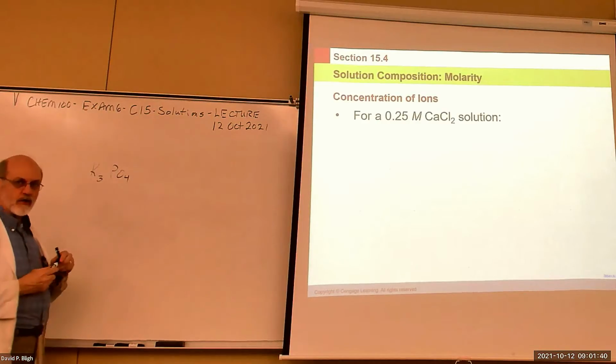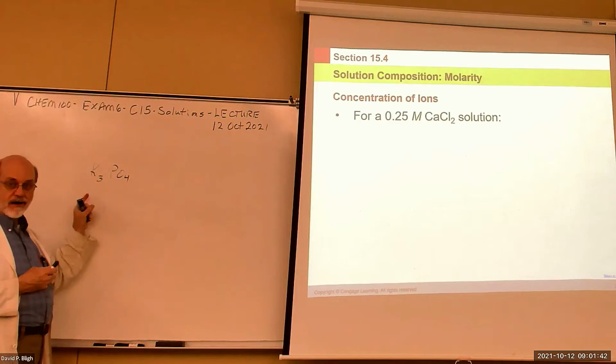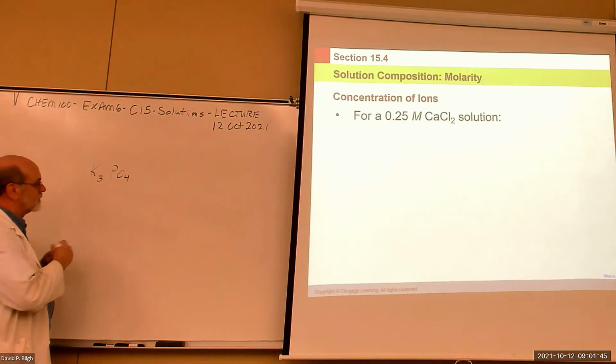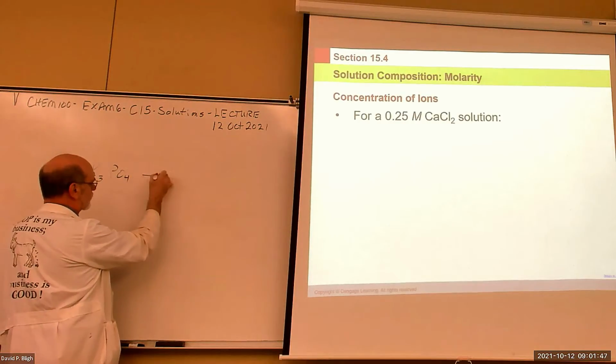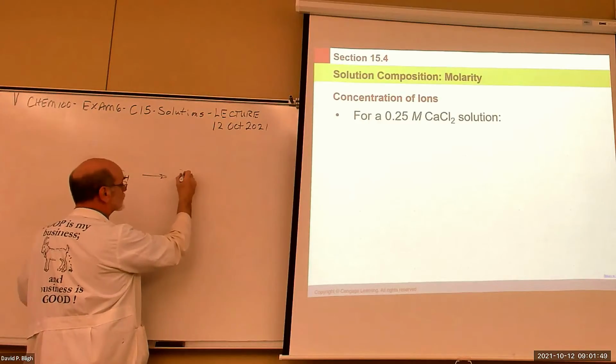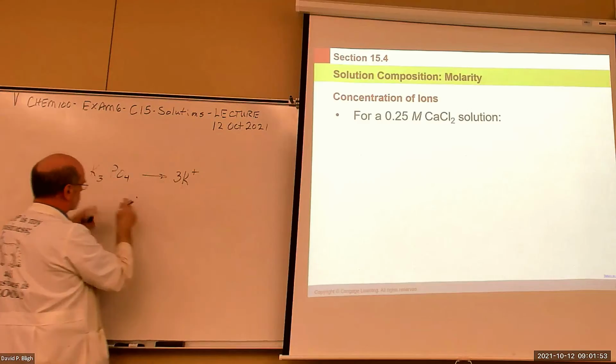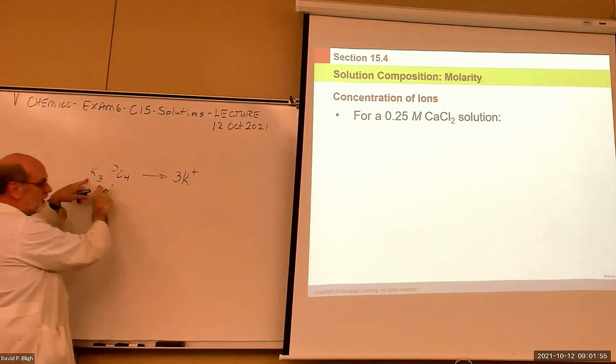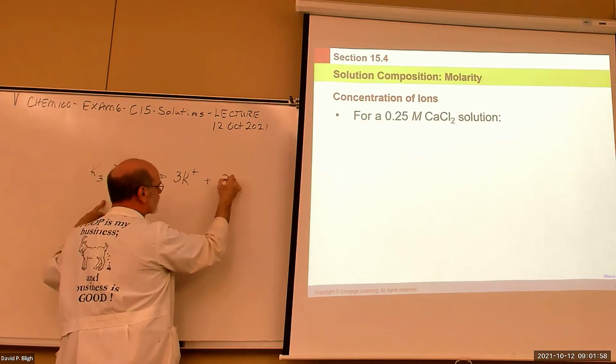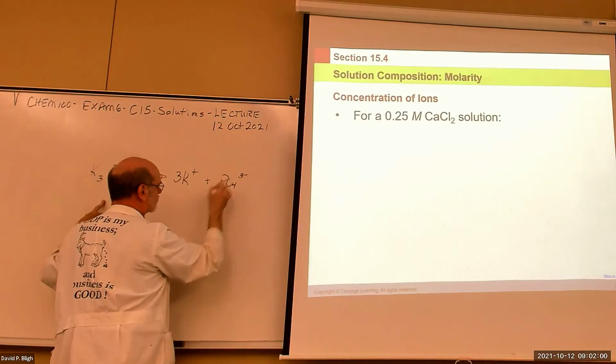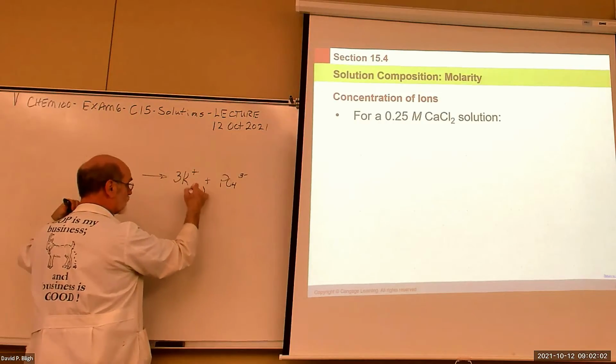But what happens when it goes into solution? This is an ionic compound. What does it do? It breaks up into potassium ions, 3 of them, and 1 phosphate ion. And these are in aqueous solution.